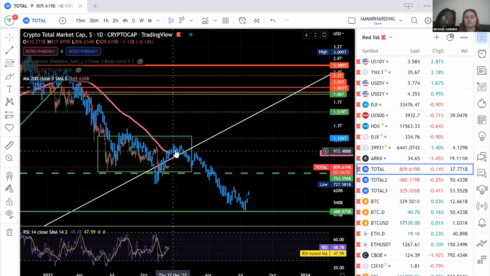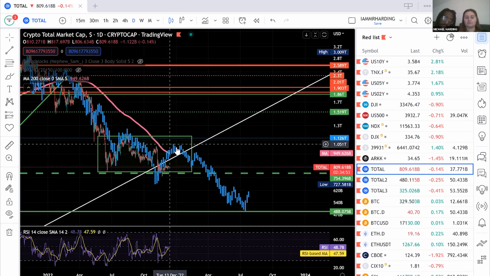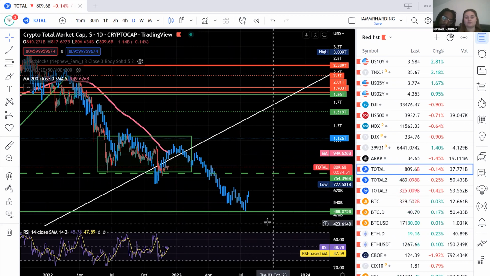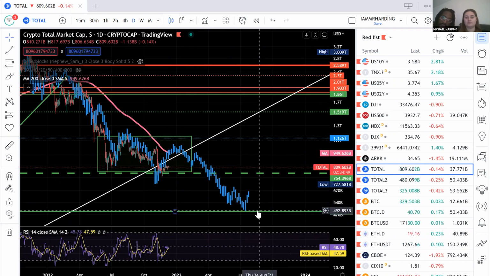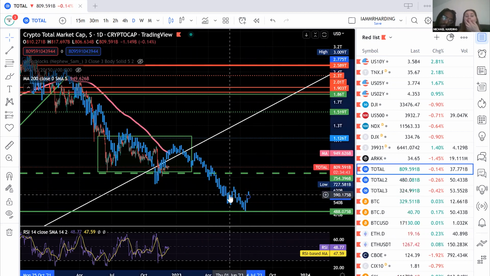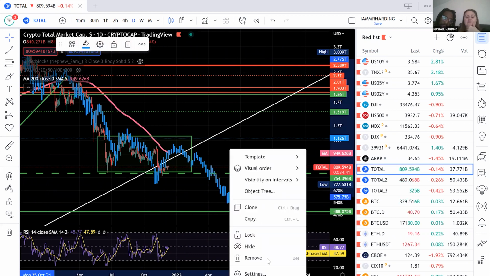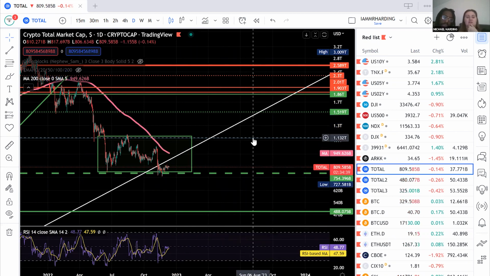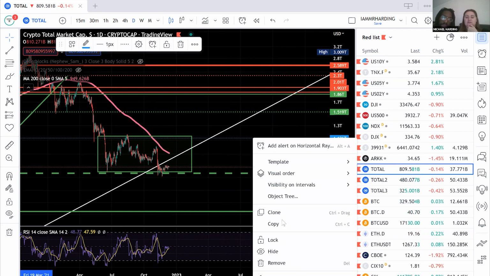So this is expecting somewhat of a pump and then to come back down. That would bring us down to around 488 billion total market cap of the whole crypto market is what we're expecting.